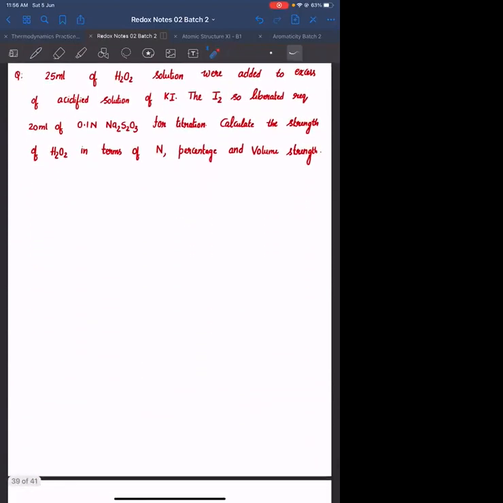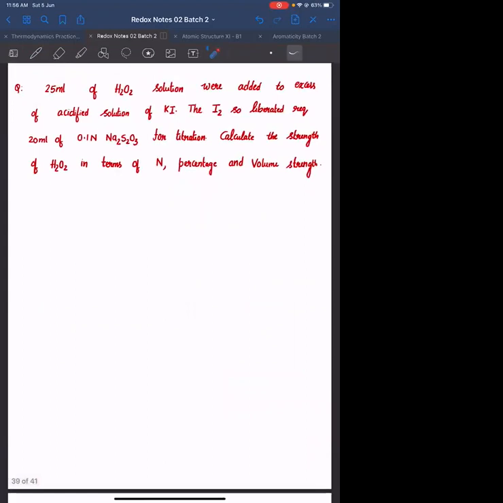Okay. Solve this question. Gyani Raja, please try to answer this. Aditya. Okay. 25 ml of H2O2 solution was added to excess of acidified solution of KI.